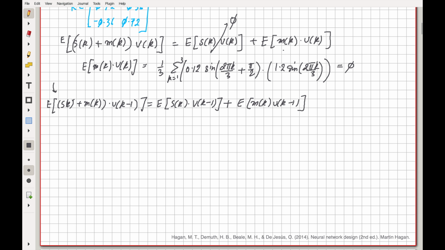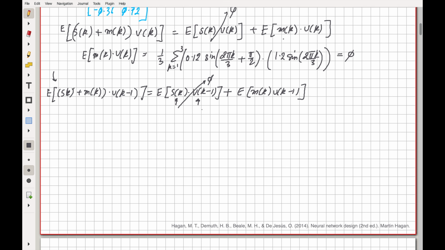As we said before, the first term, in this example as well, is 0, because this signal and the noise are independent and have a 0 mean, so this again goes to 0.